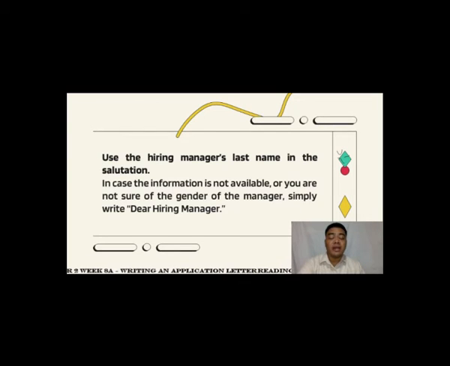They no longer identify themselves as simply a he or she. That is why, if you are unsure, just write "Dear" and the title of the position that the hiring personnel holds.